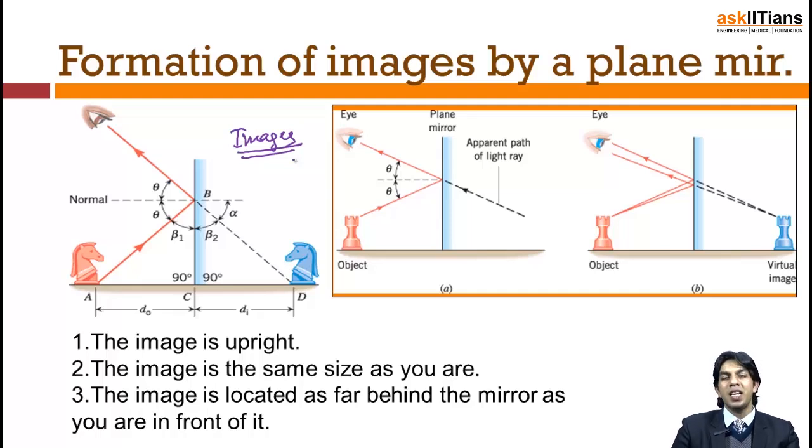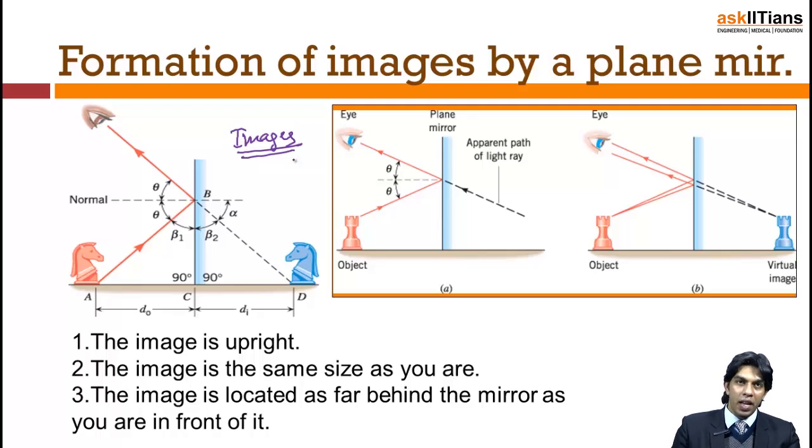It's not necessary that the light is actually coming from that point. It can be the case that it only appears to be coming from that point. Another beautiful fact about the image is that if a light source is actually present at that particular point, then that point is not an image point, it is an object point.